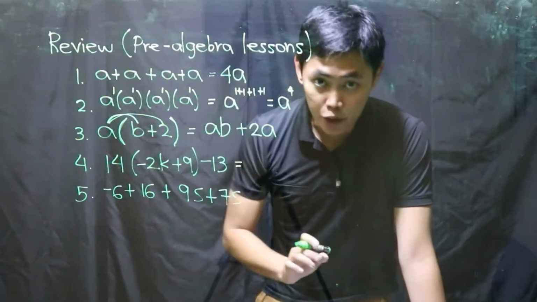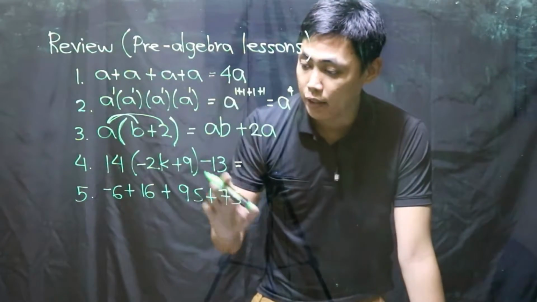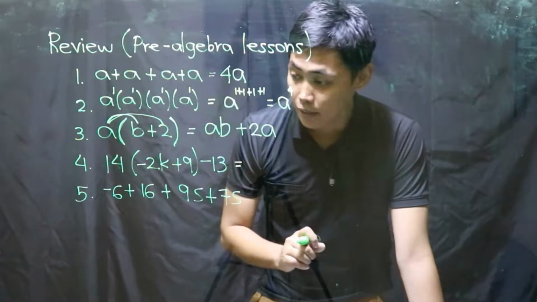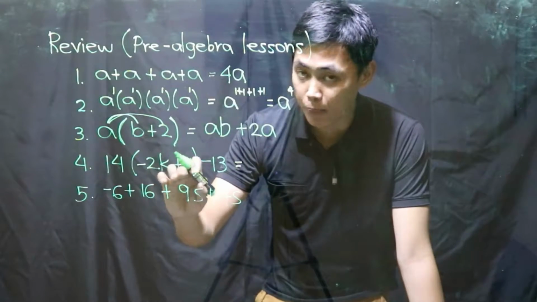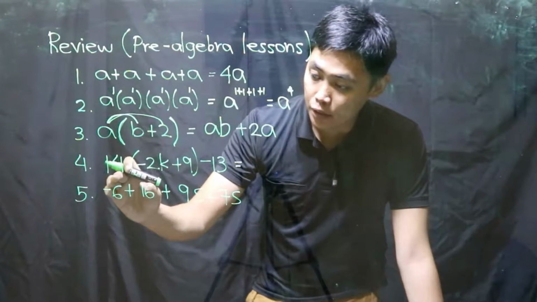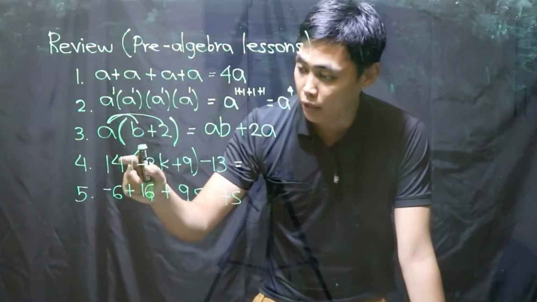Okay? Because according to PEMDAS, we first evaluate the terms inside the parentheses. And since we cannot evaluate negative 2k plus 9 because they cannot be added, we will now multiply 14, or distribute 14, to negative 2k plus 9. So here's how it goes.